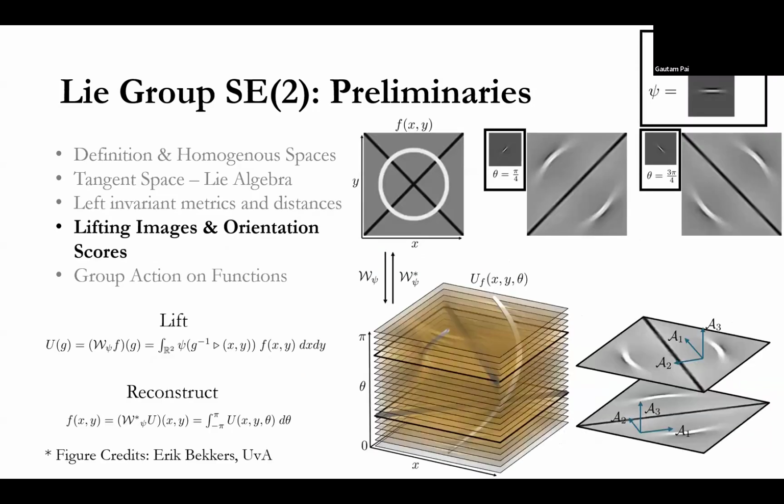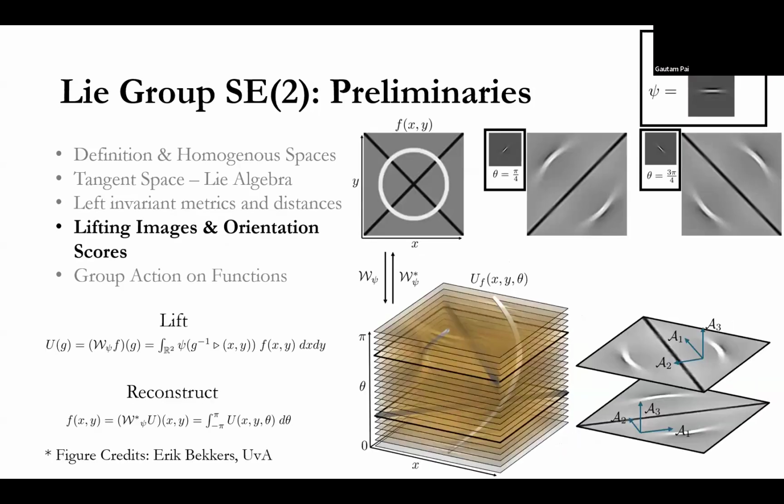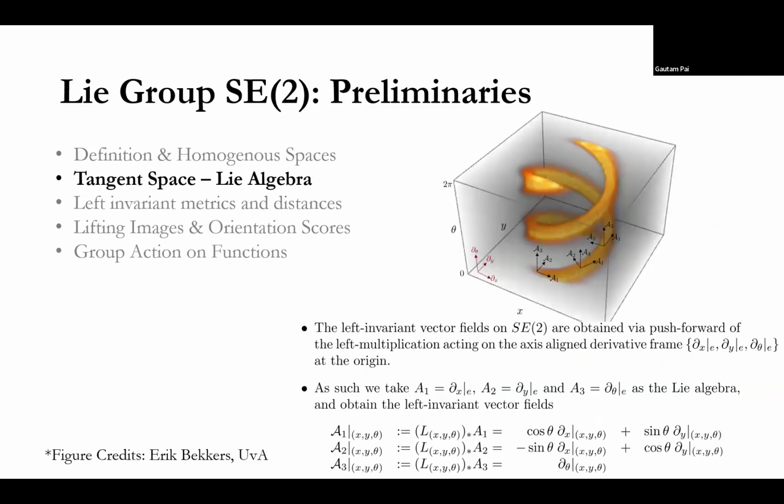What is moving forward? When you are at some location in your lifted space, and let's say at that location you want to do some diffusion, forward means that you move along the A1 direction, and A1 is given by this operator over here.